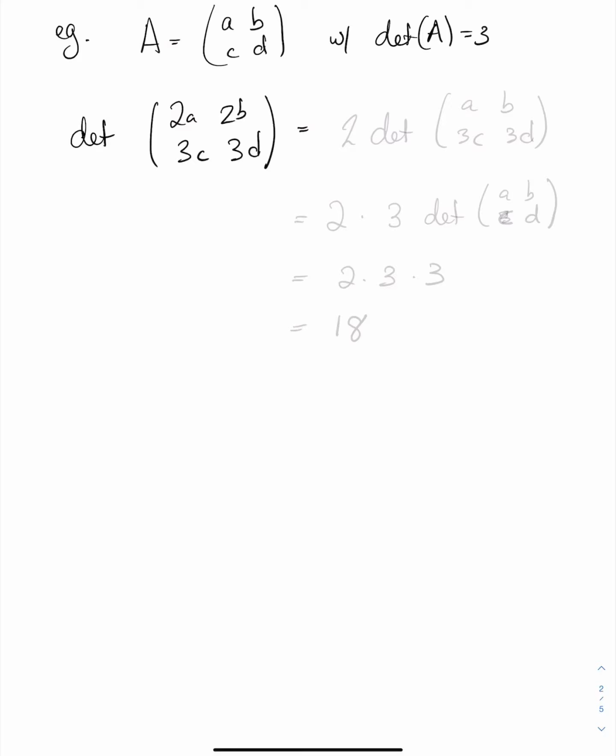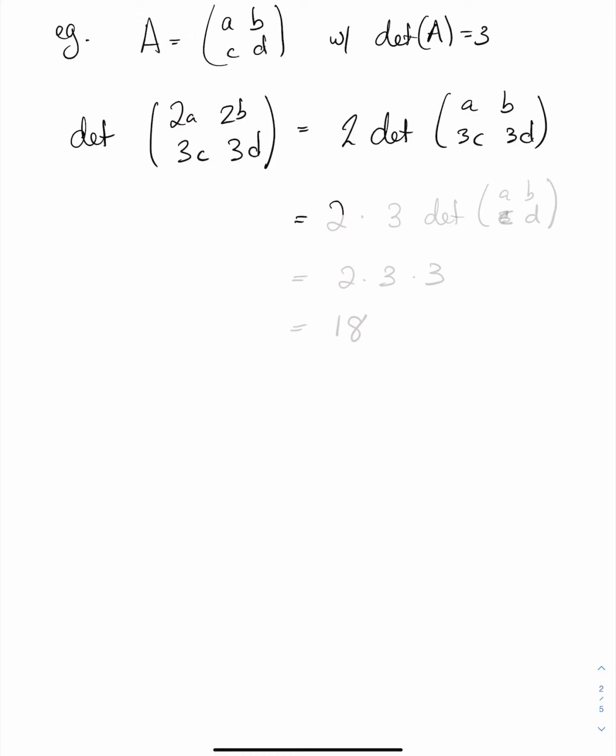Scaling a single row scales the whole determinant by that same scalar. So in particular, the determinant of this matrix here is going to be 2 times the determinant, where we've factored out 2 from the matrix. We can do the same trick again. The last row is scaled by 3.